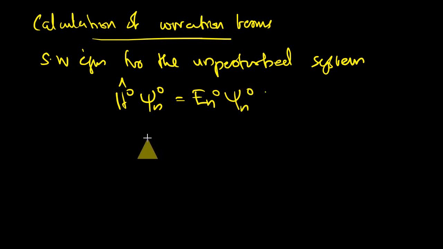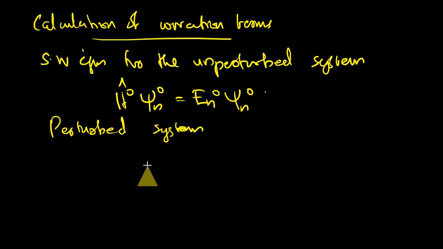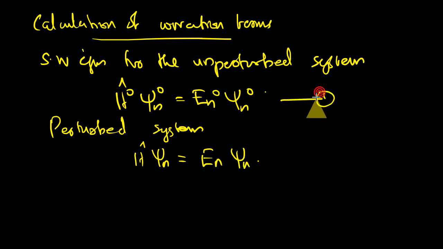For the perturbed system, the Schrodinger wave equation is H cap psi n is equal to En psi n. Okay, so these are Schrodinger wave equations. Let me call the first equation number 1, and this equation number 2.